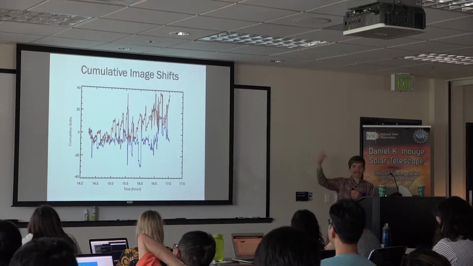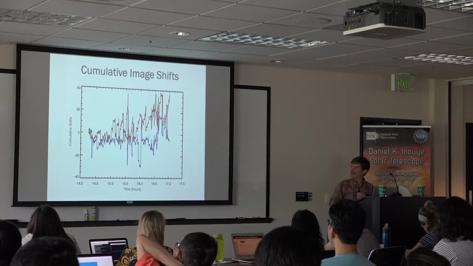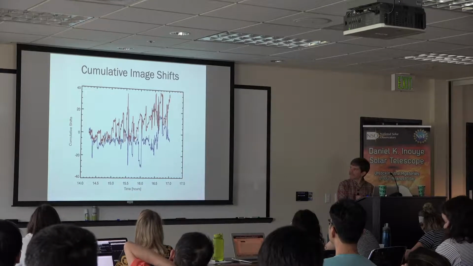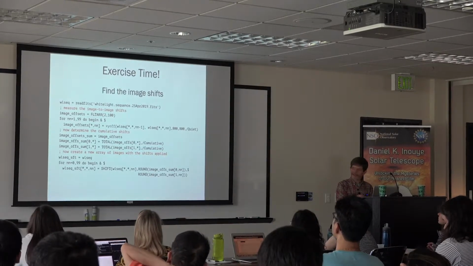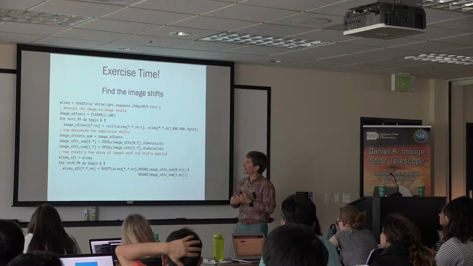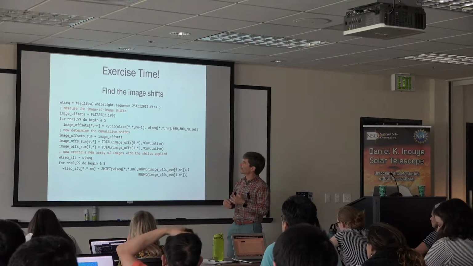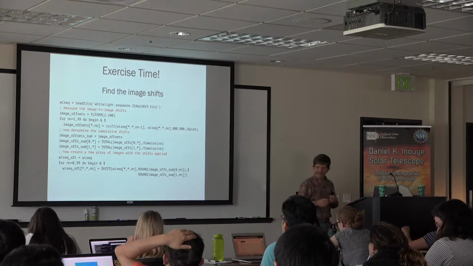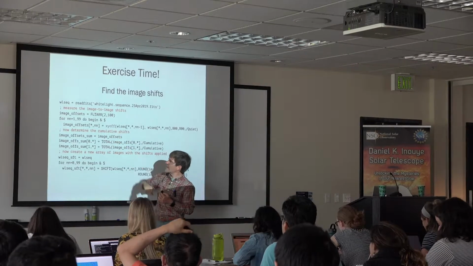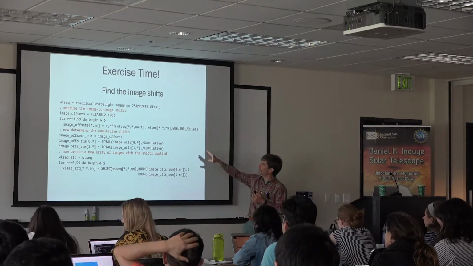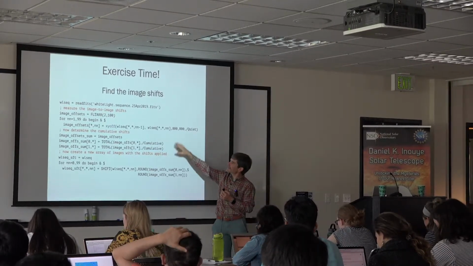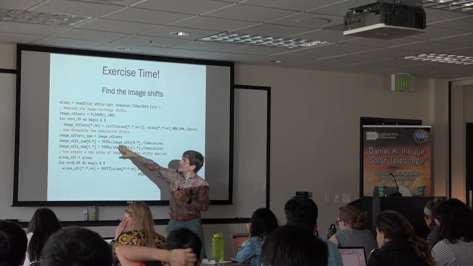So this tells us what the shifts are, then we can apply the same shift in the opposite direction and take that out and line up our images. So that's our next exercise, finding those shifts and trying to line up the images. There's some process here. You can do this in IDL, where it basically uses this program called XYOff, which just does a cross correlation between these two images over a central box of 800 by 800 pixels in this case, and then does the cumulative sum of those shifts, right?